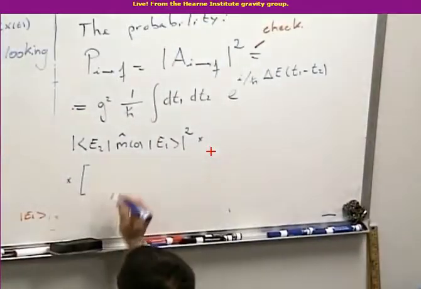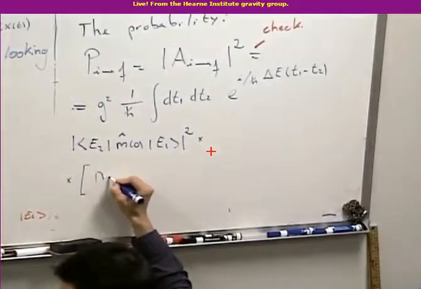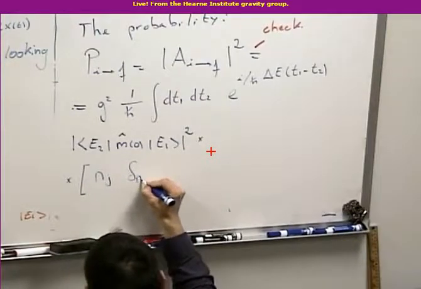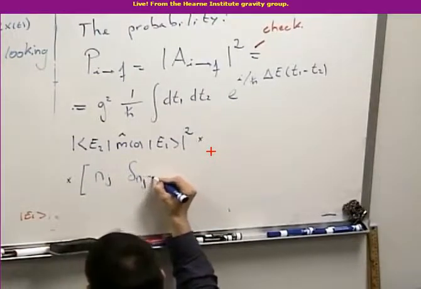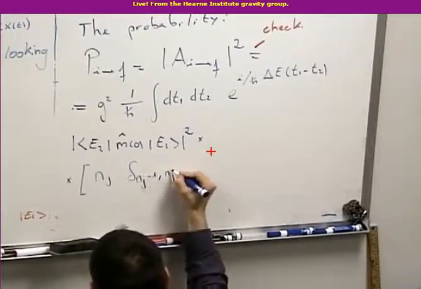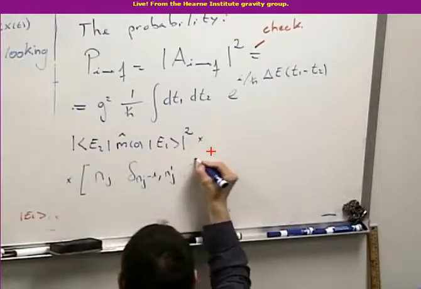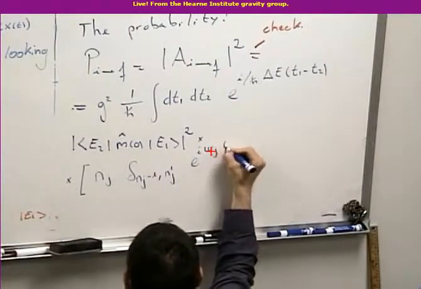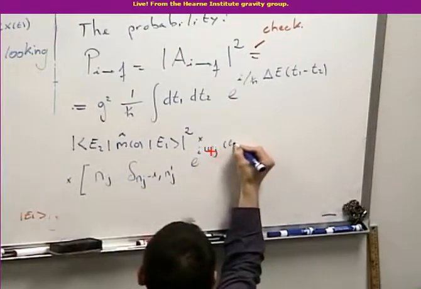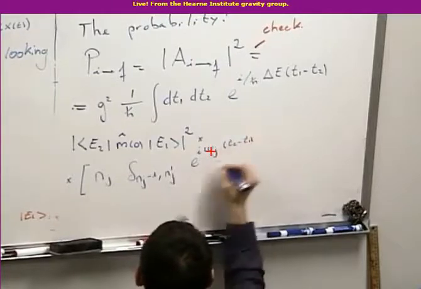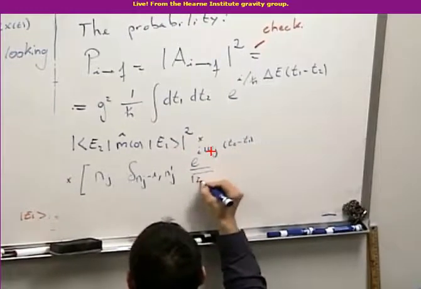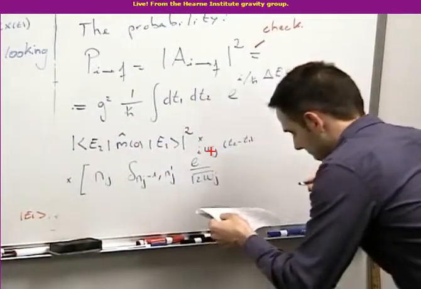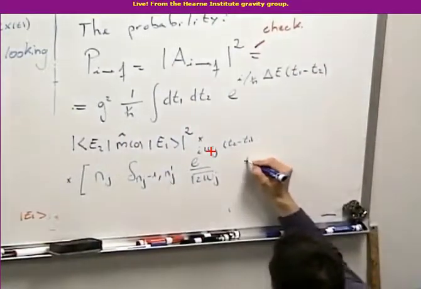It's a bit long, so we have 2 terms, then sum over j delta nj minus 1 comma nj prime e to the I omega j. I know this is a bit long, but that's the way it is.